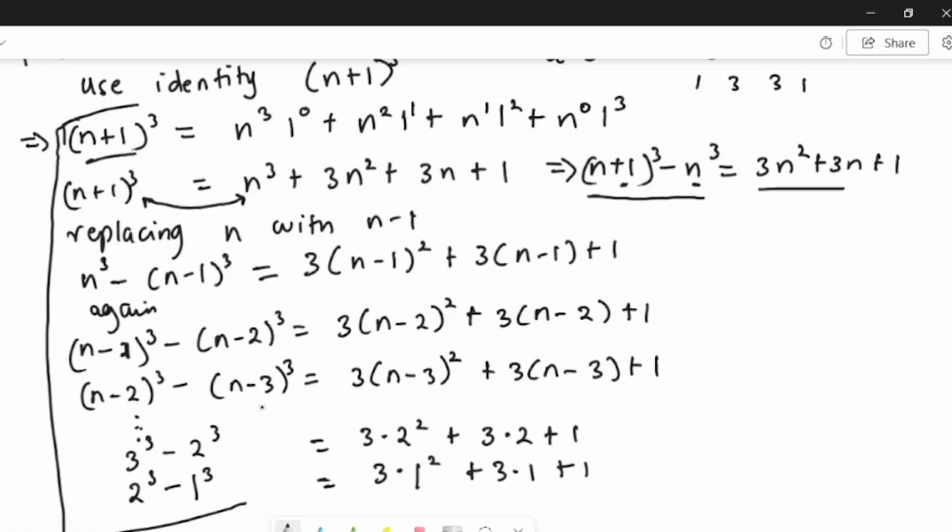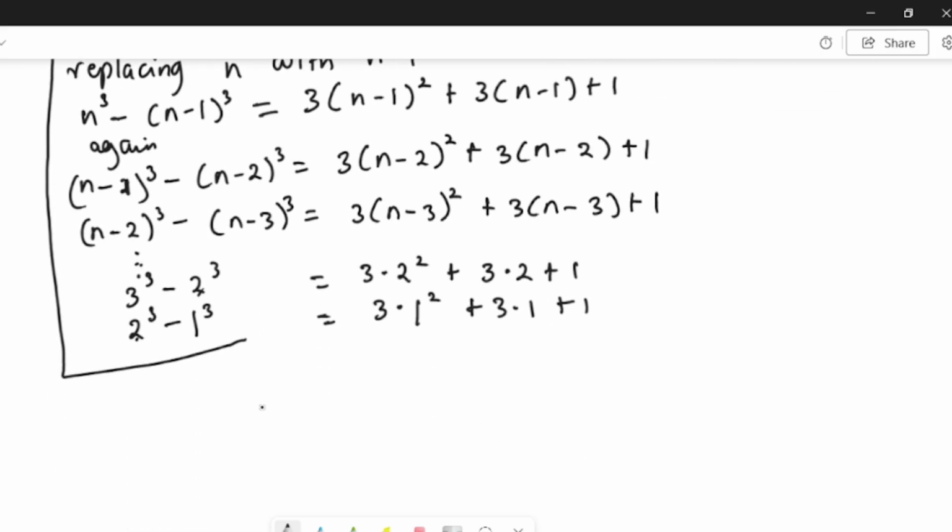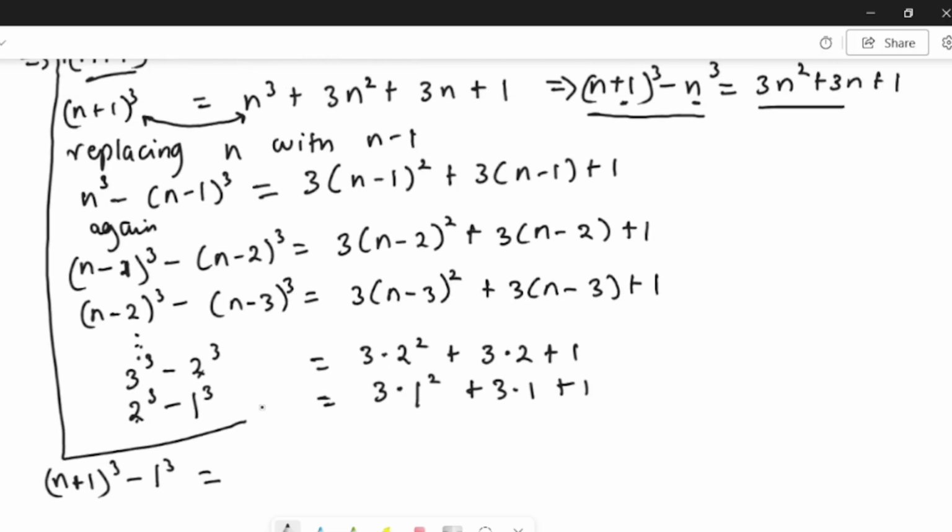When you add to n cubed minus n minus 1 cubed, up to this point, everything else is going to cancel out, as you can see. And now we're going to be left with only 2 terms: after adding on your left, we're going to have n plus 1 cubed and then negative 1 cubed.